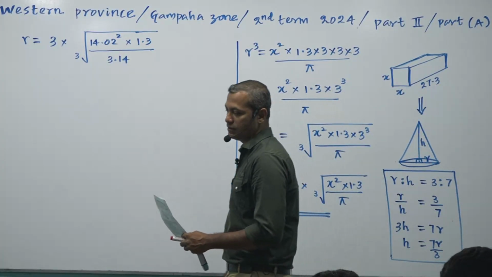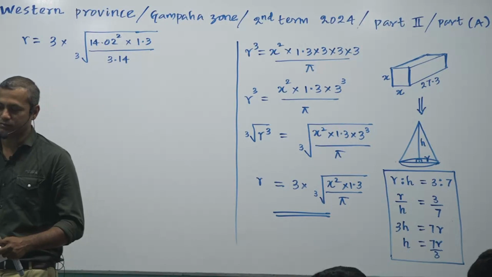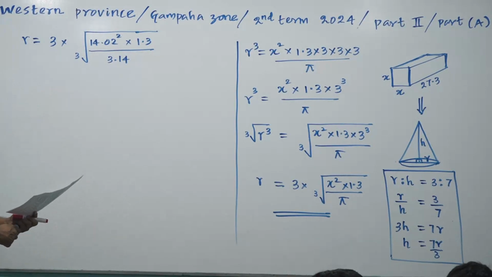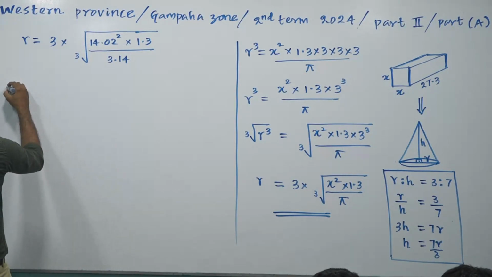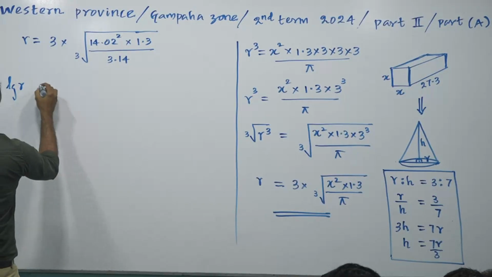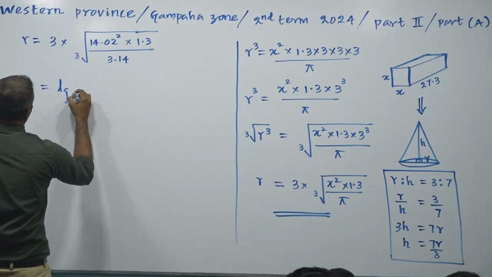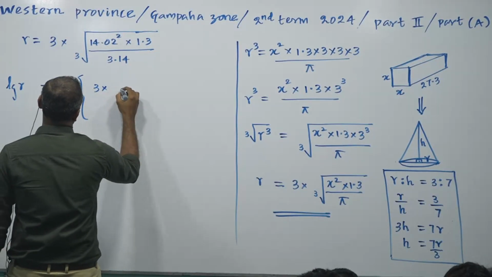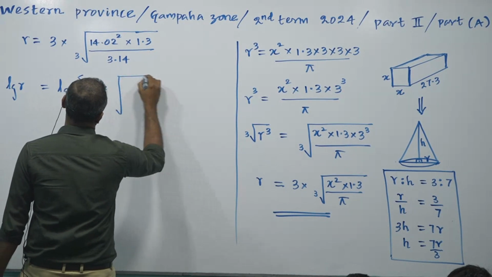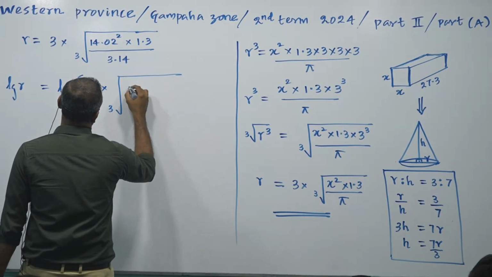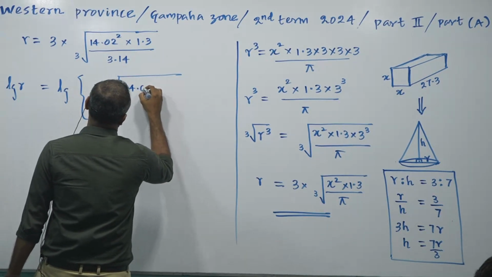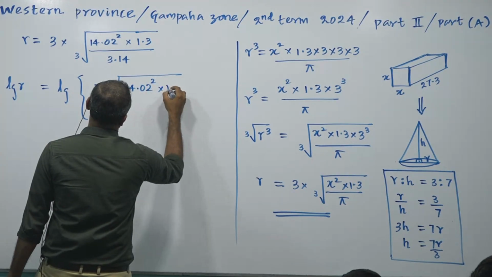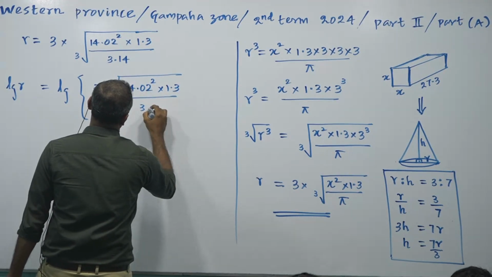Okay. We introduce logarithms both sides. Then lg R is equal to lg, inside the bracket we will write 3 times cubic root of 14.02 squared into 1.3 over 3.14.